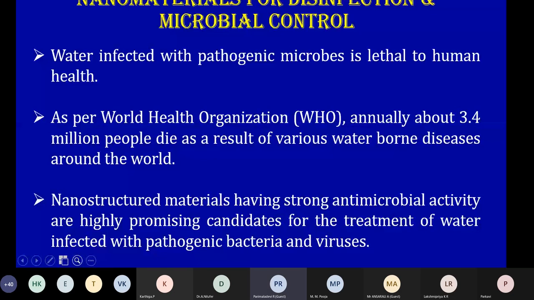Normally we use antibiotics for this, but prolonged use of antibiotics has allowed the microbes to undergo genetic mutation and develop resistance against them. Such evolution of antibiotic-resistant microbes is a serious threat to all living beings.